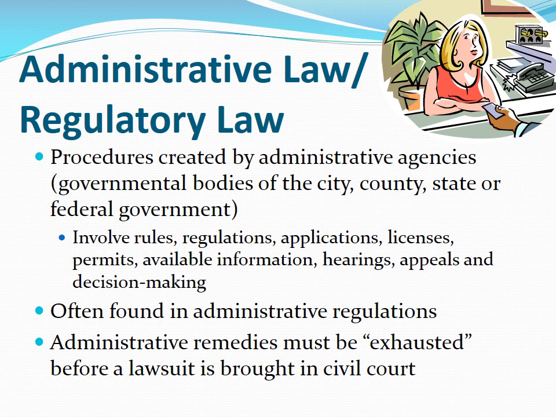And oftentimes there are many, many rules and regulations within the structure which have to be exhausted before a lawsuit can be brought in civil court. If you're not happy with the way that something happened within an administrative setting, oftentimes you have to go through all of the grievance procedures within that administrative setting, following all of their rules and regulations, and even sitting before an administrative law judge before you can bring a lawsuit in civil court.